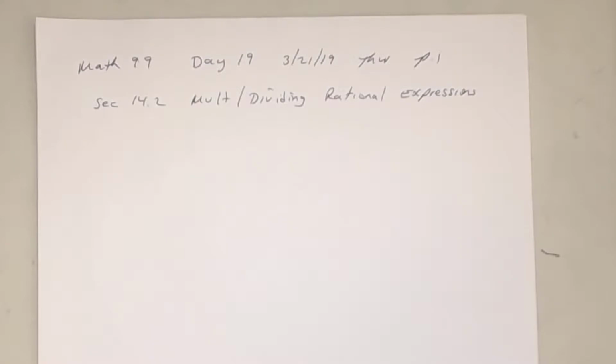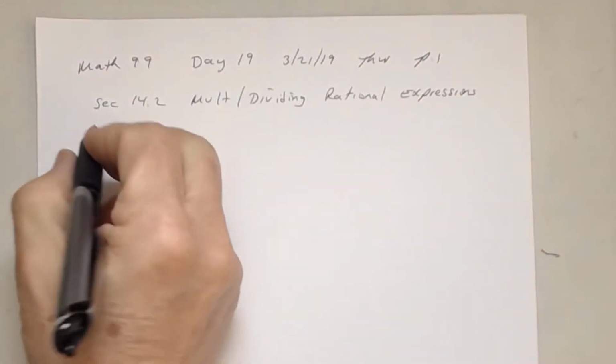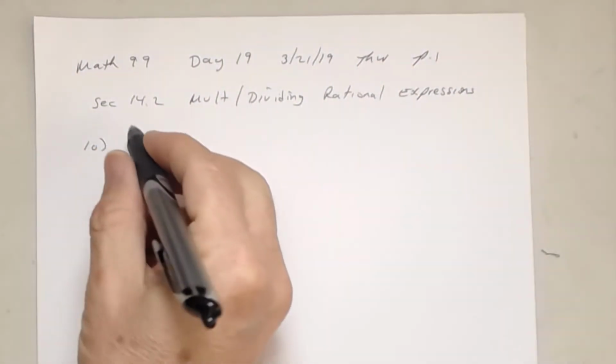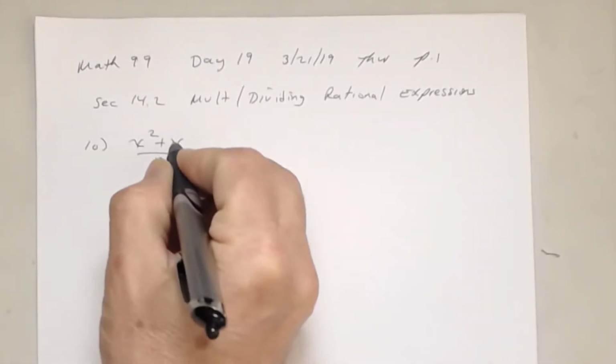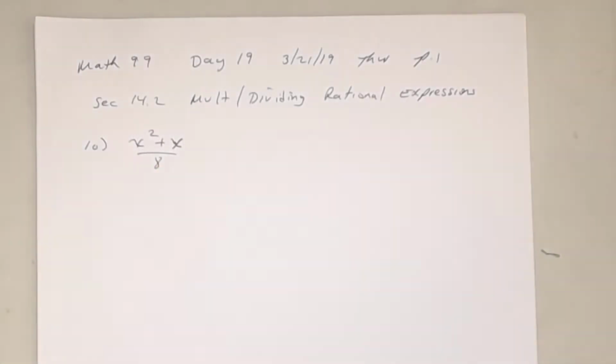Okay, so for example, let's look at number 10. The directions could say simplify, or find the product, or find the product and simplify. Just know that it means all of those. So you have this rational expression, x squared plus x divided by 8.